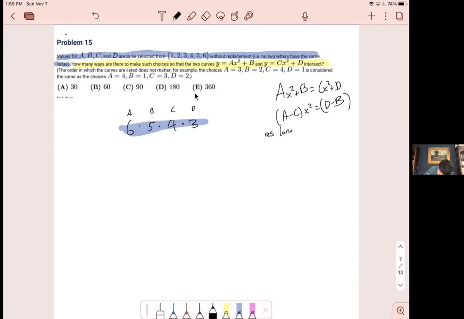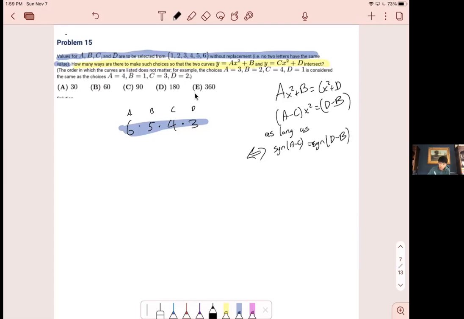As long as the sign of a minus c equals the sign of d minus b, where the sign function returns 1 if the number is positive and -1 if it's negative, we'll always have a solution. That is, if a minus c is positive and d minus b is positive, or if both are negative.